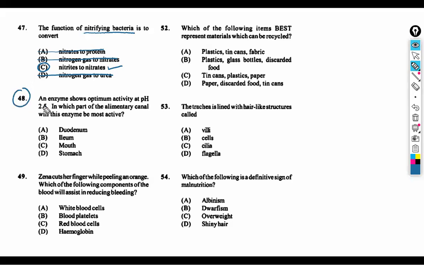Number 48. If you say something has a pH of 2.5, is it acidic or is it alkaline? When you hear something has a pH value of 2.5, is it acidic or alkaline?